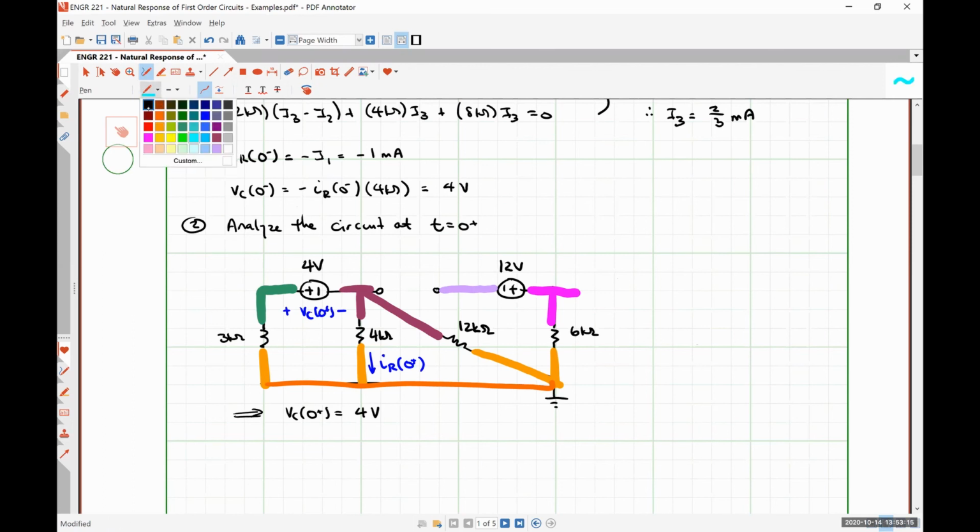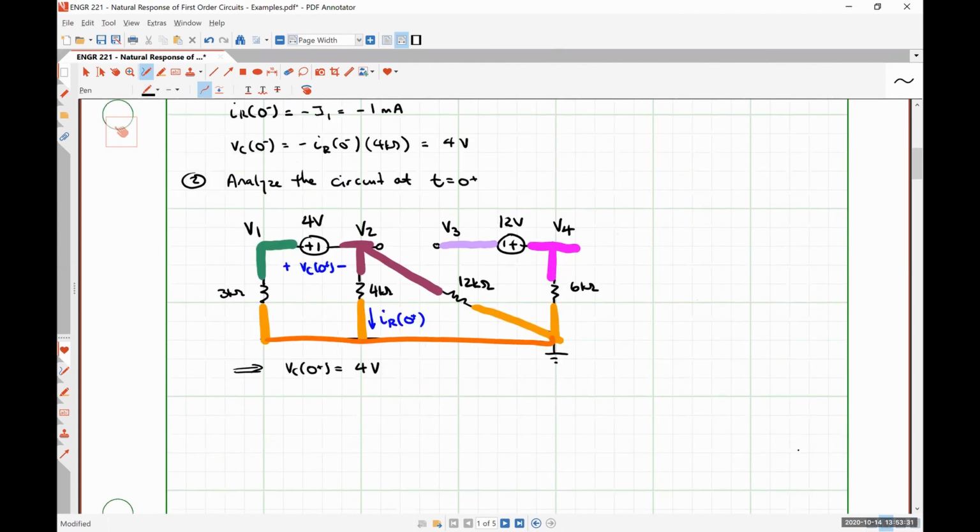So let's start actually with my voltage relationship equations. So let's call this guy node 1, node 2, node 3, node 4. So we know that V1 minus V2 is going to equal 4 volts.